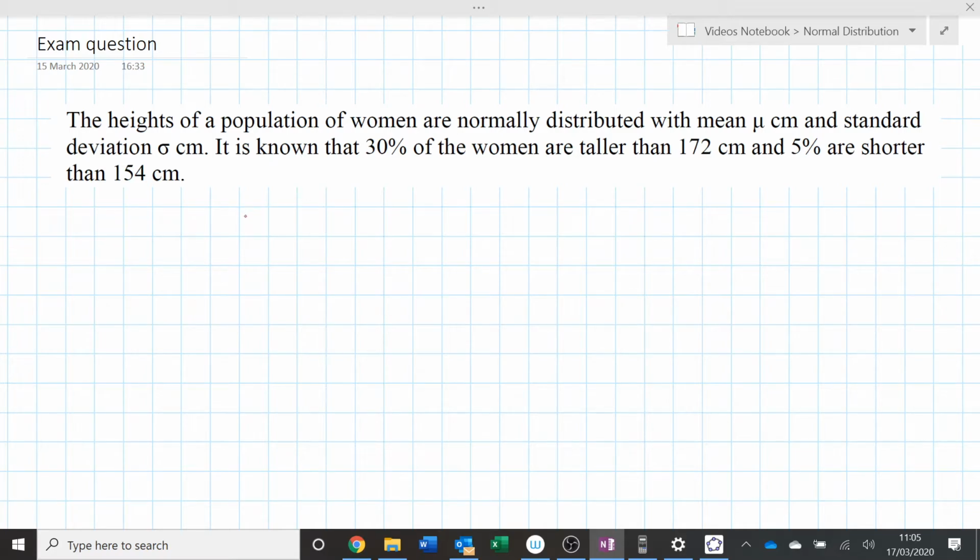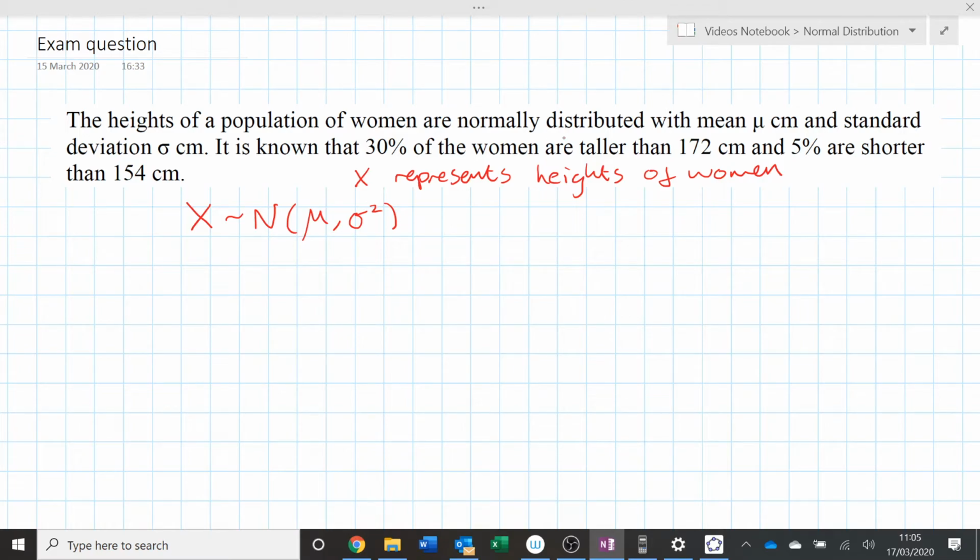So I'm going to immediately try and change what's written on the screen into mathematical notation. Always a good way to start these questions. So X, I'm going to call the heights of population of women. So I'm going to say X represents heights of women in this case. And X has mu and sigma squared.